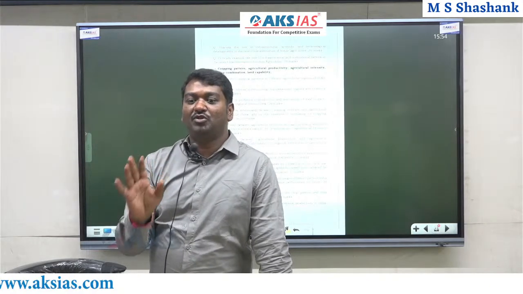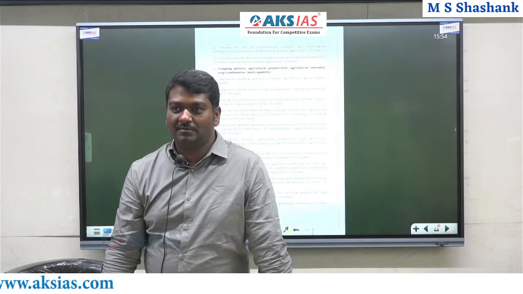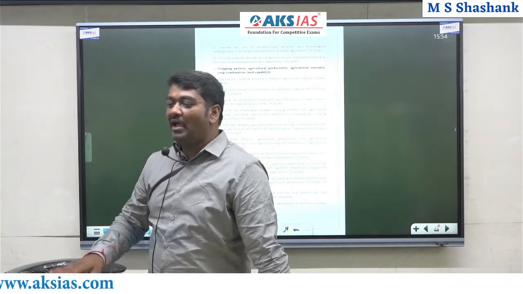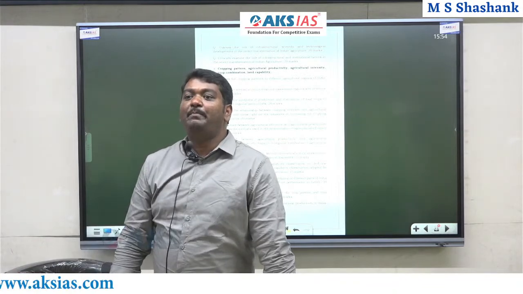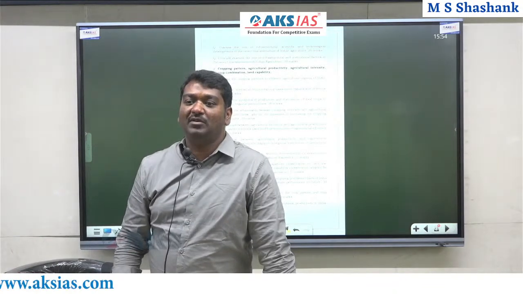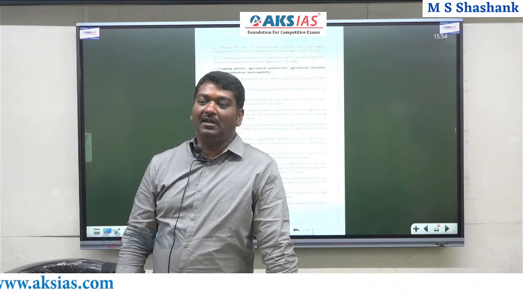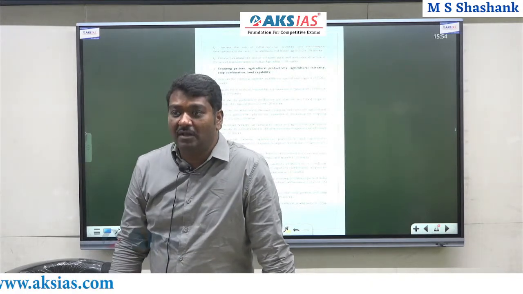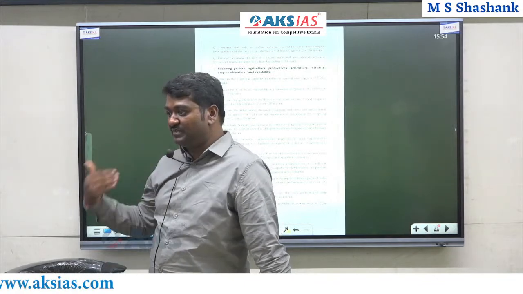Is green revolution good or bad? It has both merits and demerits. Today we are going for what? Evergreen revolution. Pradhan Mantri Krishi Sinchai Yojana. Pradhan Mantri, like horticulture, different schemes are there.